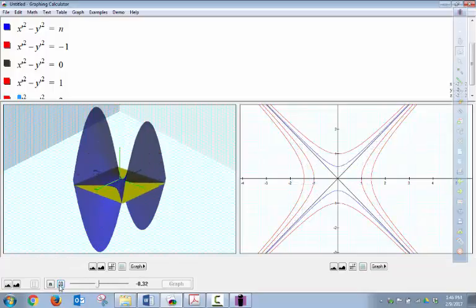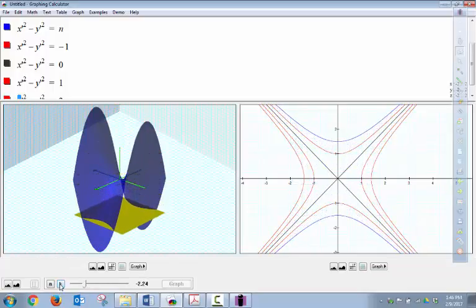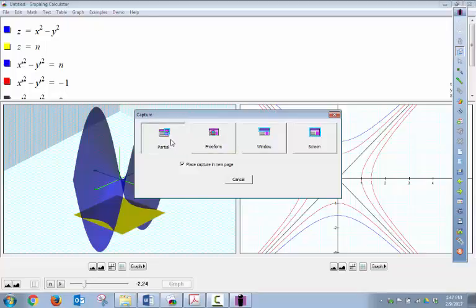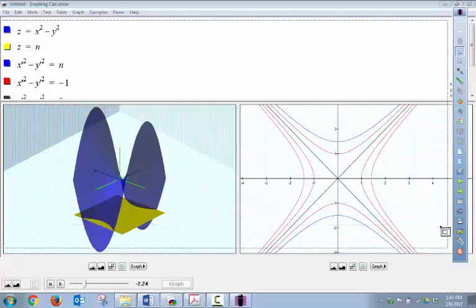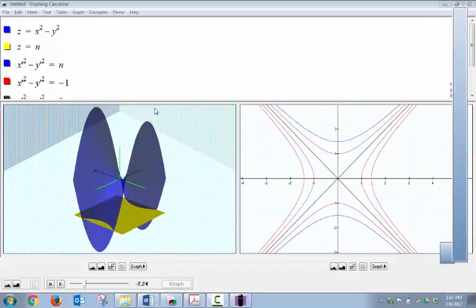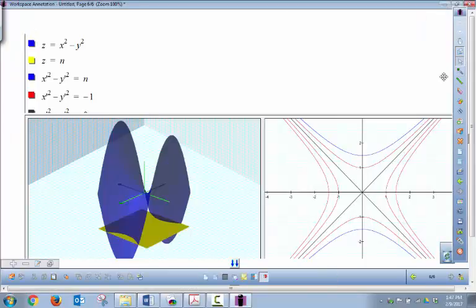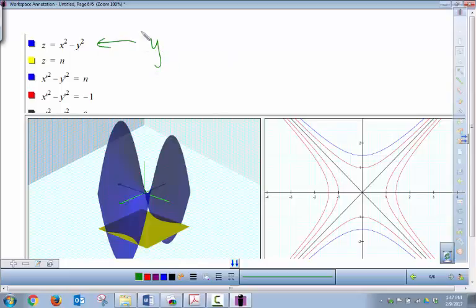All right. So this is called a hyperbolic paraboloid, and it's because the cross-sectional cuts are hyperbolas. And remember, the main feature is that two of the variables are squared and the other one is not. That's the feature of the paraboloid.